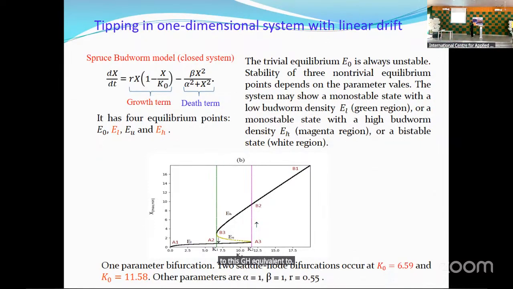On the other hand, if we start with any initial value below this unstable branch, then you will reach this EL equilibrium point. Basically, there is a distance between K1 and K2. So we are basically interested in this bistable region from K1 to K2. K1 is the lower saddle-node bifurcation and K2 is the upper saddle-node bifurcation.